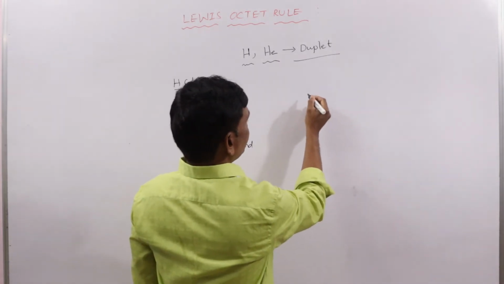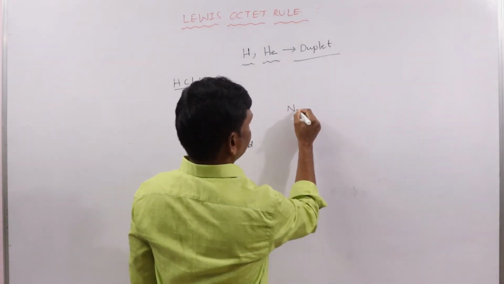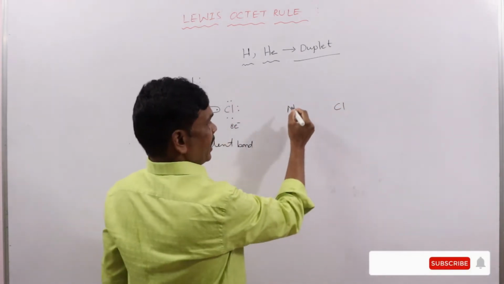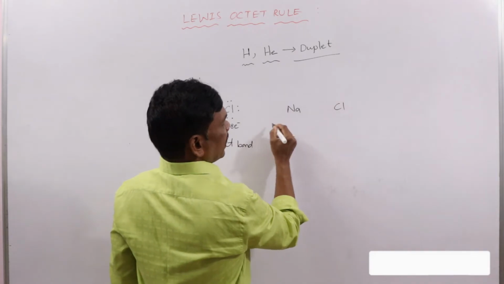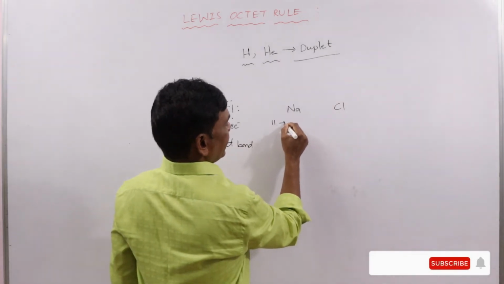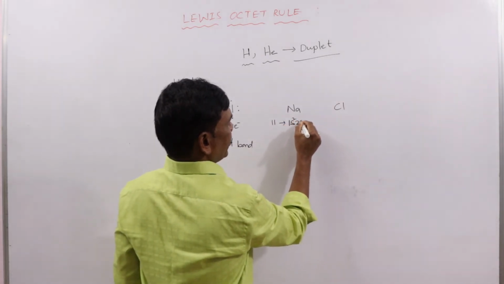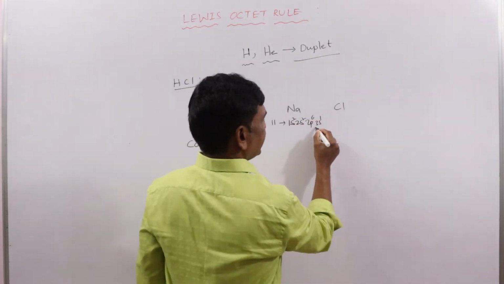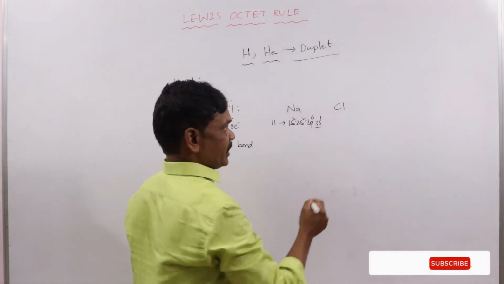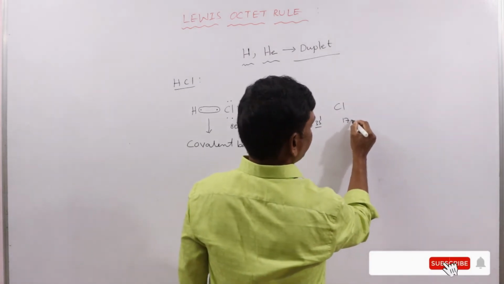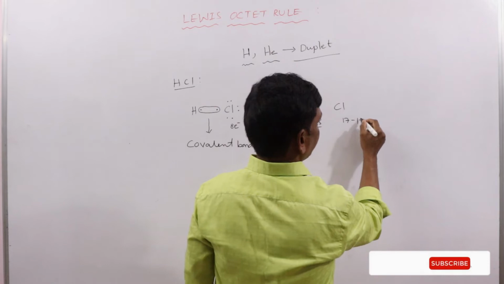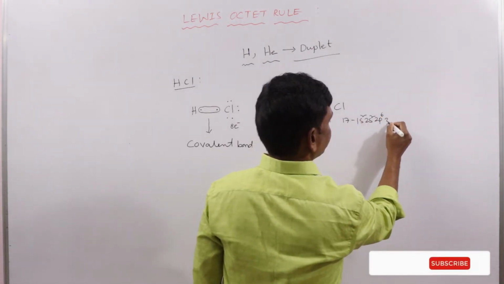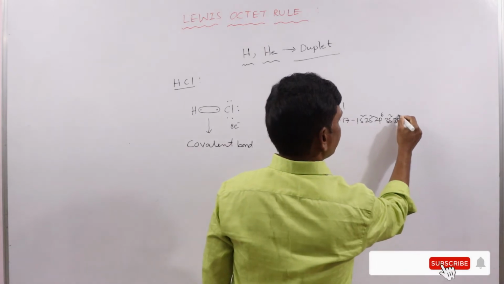In another example, say sodium and chlorine. Sodium's atomic number is 11 and its electronic configuration is 1s2, 2s2, 2p6, 3s1, and this is its outermost electronic configuration. Chlorine's atomic number is 17, electronic configuration 1s2, 2s2, 2p6, 3s2, 3p5.